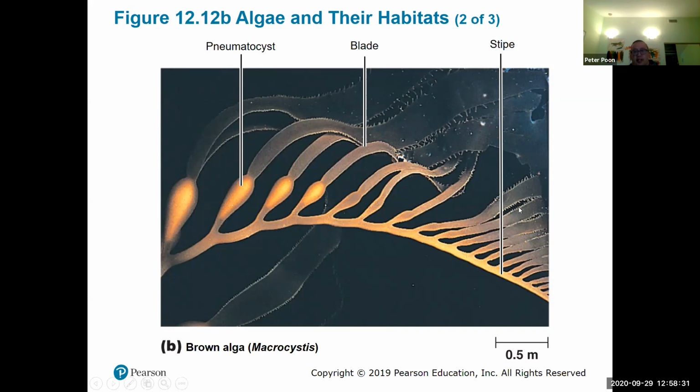So like I said, these are the leaves. The blades are like leaves. The stipe is like the stem. And then on the bottom, the holdfast are like the roots. The pneumatocysts produce air, and that helps the leaf float and stick up in the water where they can absorb more sunlight.